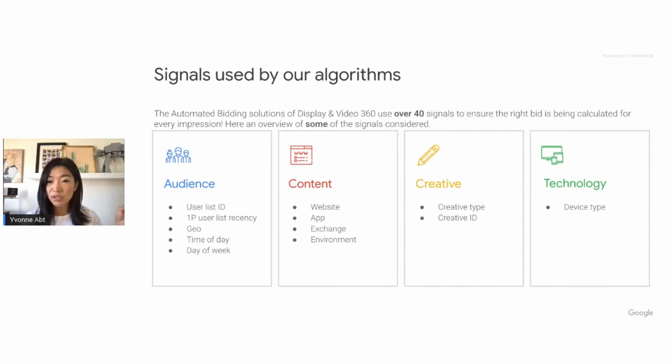So I mentioned 2 slides ago, 40 different signals that DV360 uses to feed its algorithms. What are those 40 different signals? Well, these are just a few of the signals. And you can see that they fall under audience, content, creative, and technology. I'll just highlight here that DV360 is also investing in first-party data on the audience pillar.